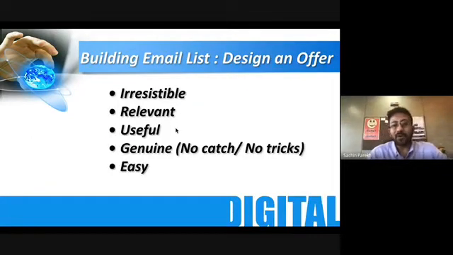Right. Now comes the most interesting part for all of you. How do you design an offer? And slightly deeper, because building an email list, yes, you understand there's a lead magnet, you identify what's your audience, you decide what is right for that, then you decide what is your digital asset.